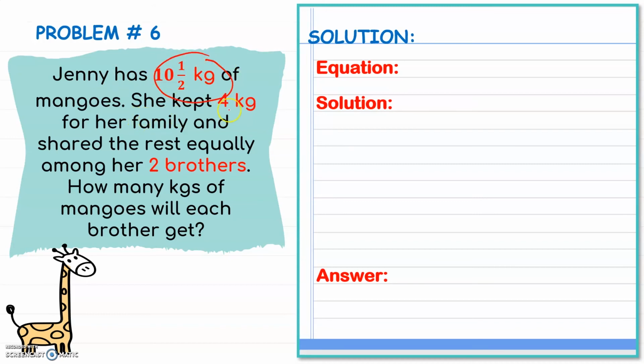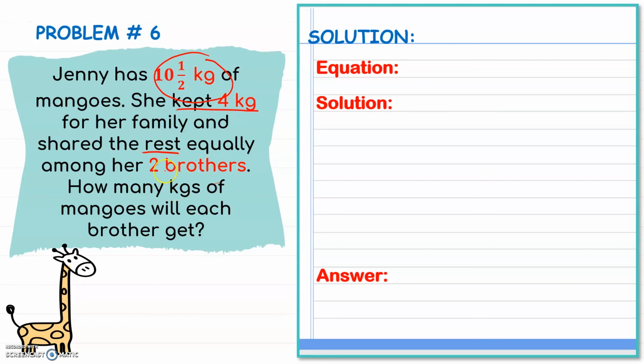But in the problem, it was stated that she kept 4 kilograms. When you say kept, it means that the operation involved there is subtraction. Then, she shared the rest, meaning the remaining, after she subtracted 4 kilograms from 10 and 1/2 kilograms, to her brothers, which are 2 brothers.